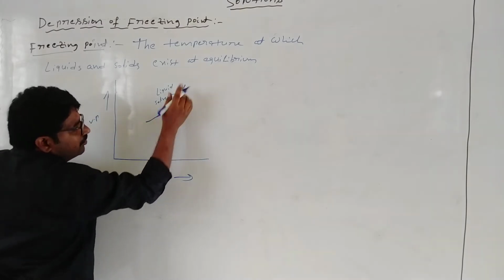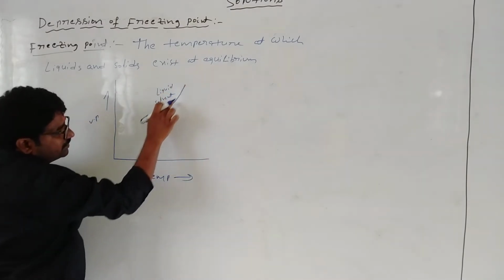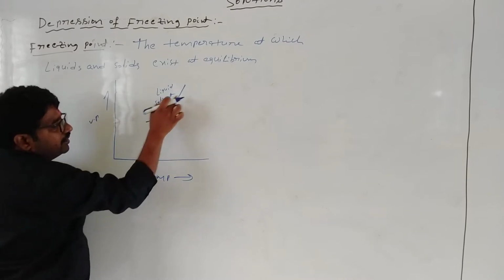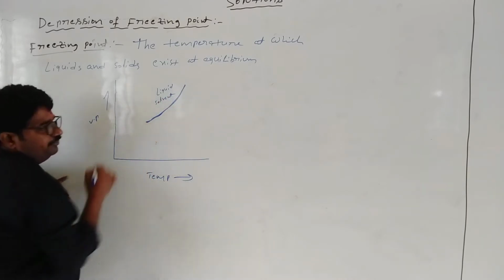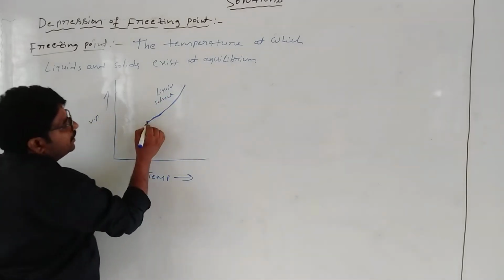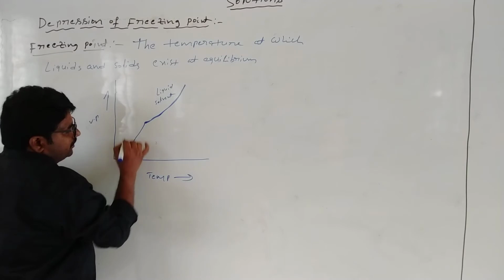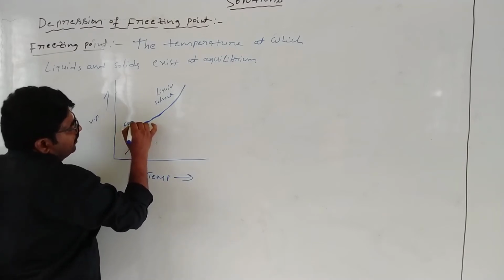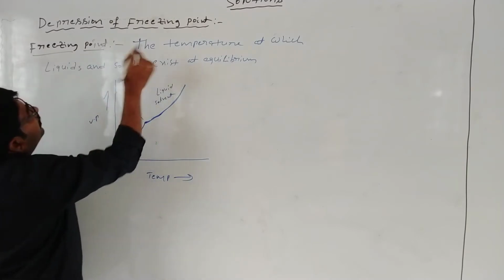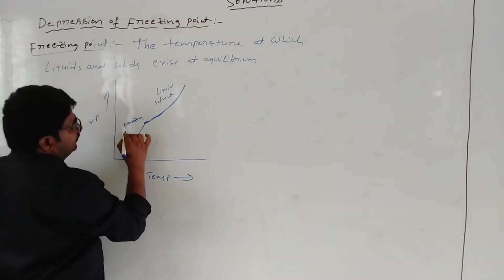Now, decreasing the temperature, the x-axis is temperature, so going down means it is decreasing. The liquid solvent is converted into solid solvent, that is the frozen or freezing solvent.